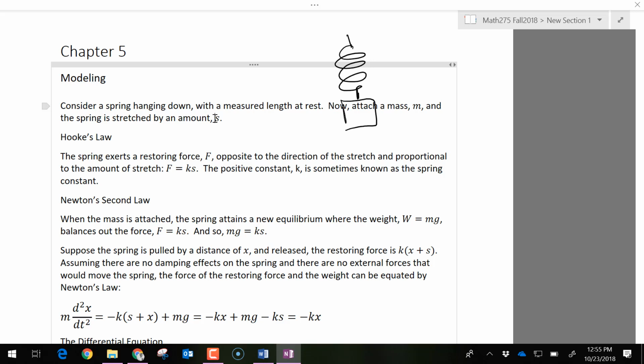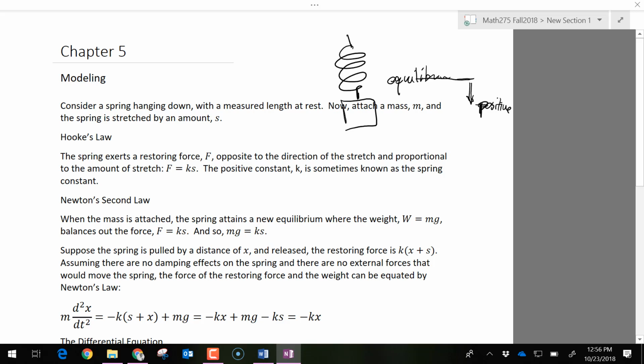So this is going to assume that your equilibrium is at rest. When you go down, it's a positive distance. So maybe I should spell it out. Positive.